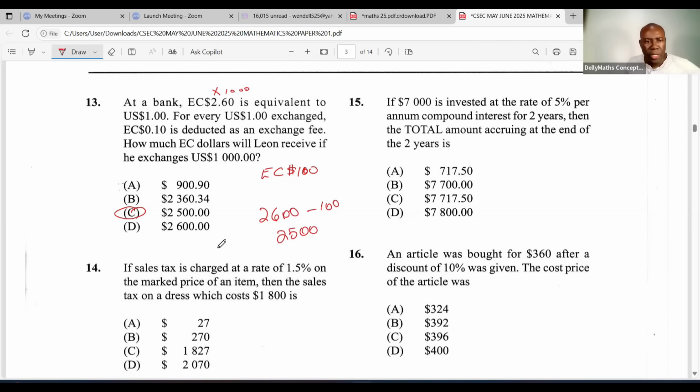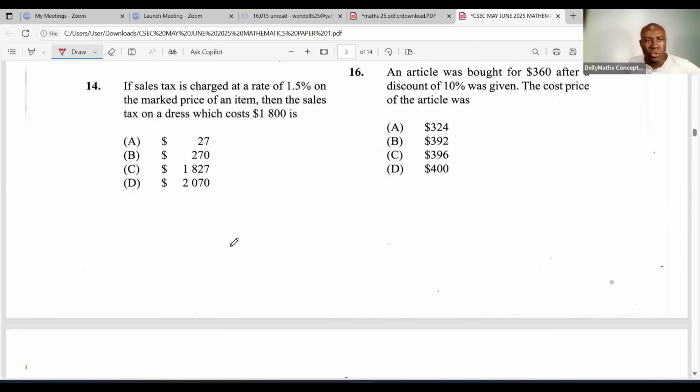All right, now let's get to question 14. If a sales tax is charged at a rate of 1.5% on a marked price of an item, then the sales tax on a dress which costs 1,800. Remember, you could work this out the long way or you could just go the short way. One of the ways I could do this is that I could use 1% plus 0.5%.